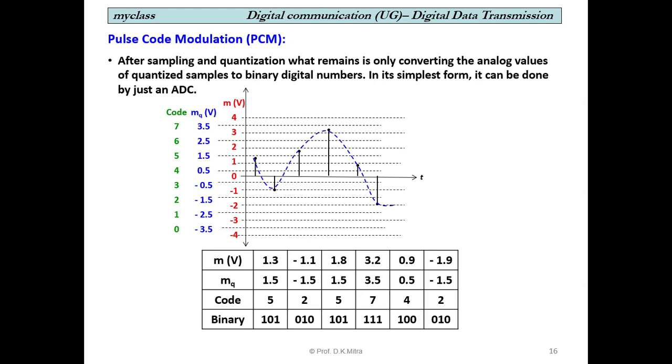So there are two ways to get out of this problem. One is you increase the number of steps so that each step is small. Instead of 1.25 volt, maybe it is 0.5 volt, so that this error is small. Or what you can do is decrease the amplitude of the signal.